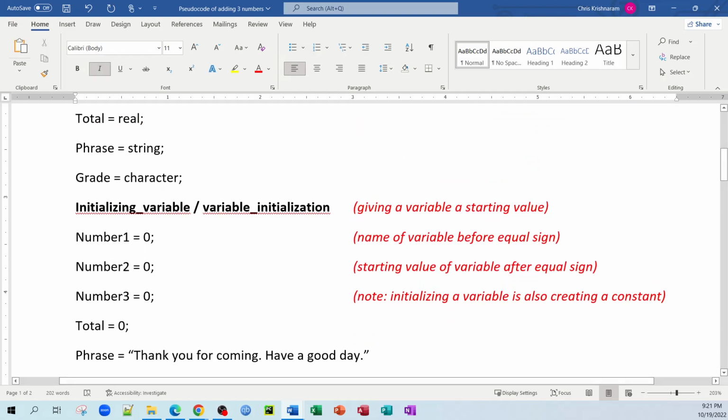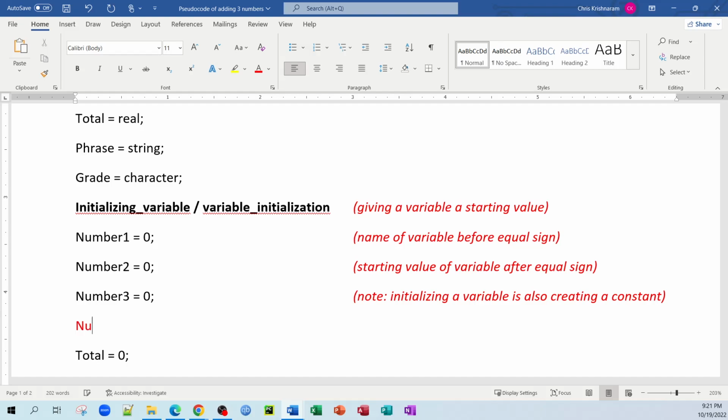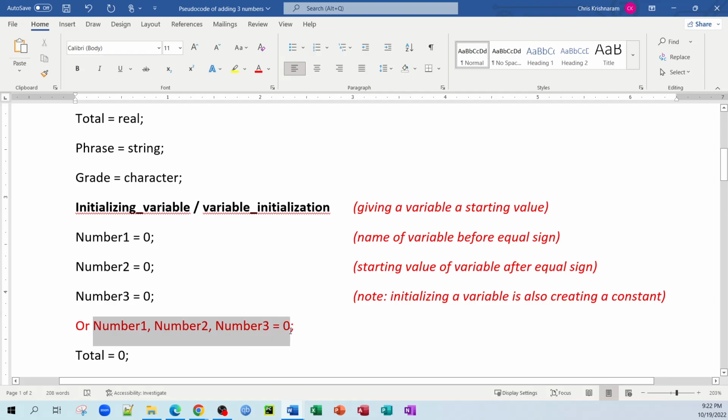Same thing for the initializing also. If you notice, those three numbers here, they're basically the same thing. So we can do the same thing also. Number 1, comma, number 2, comma, number 3, equal to 0. So all three of them equal to 0.